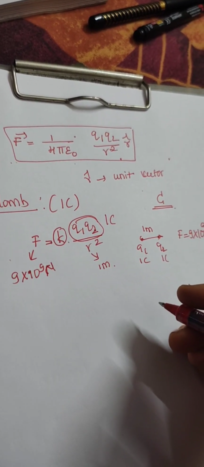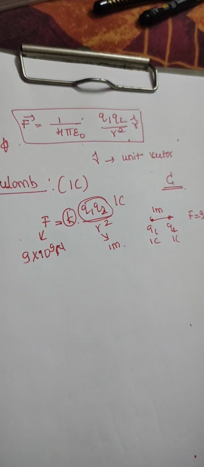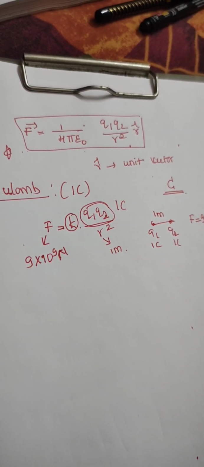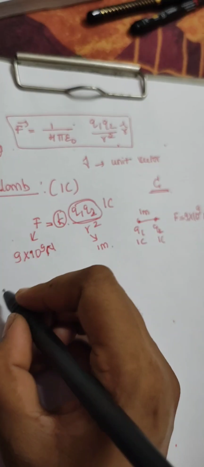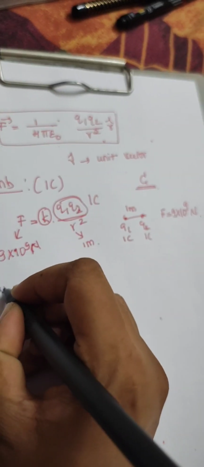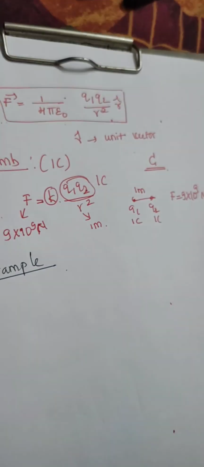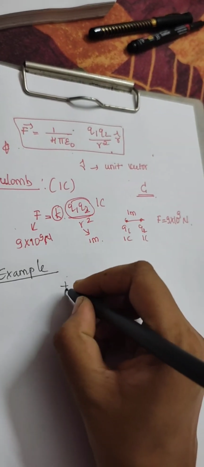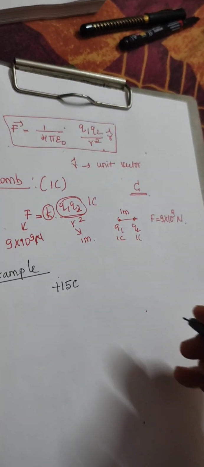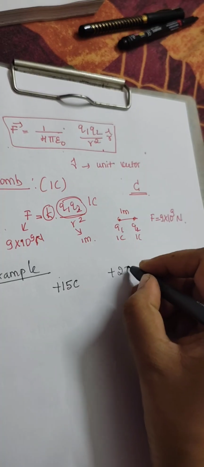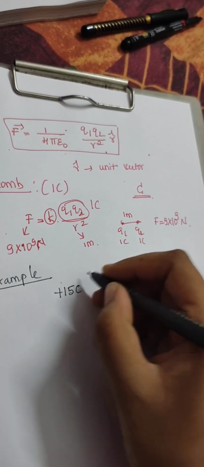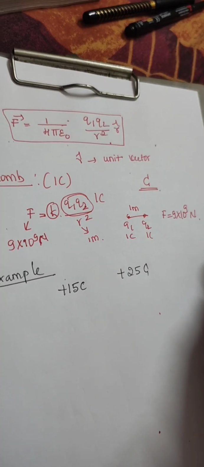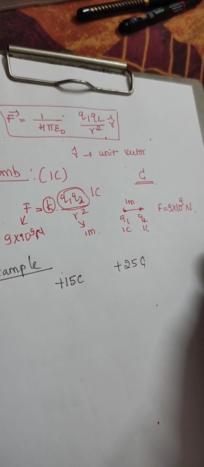Now I'll ask you a question. If there are two charges, for example, one with plus 15 coulomb and another with plus 25 coulomb, or micro coulomb, whatever you can take, which charge will repel more?